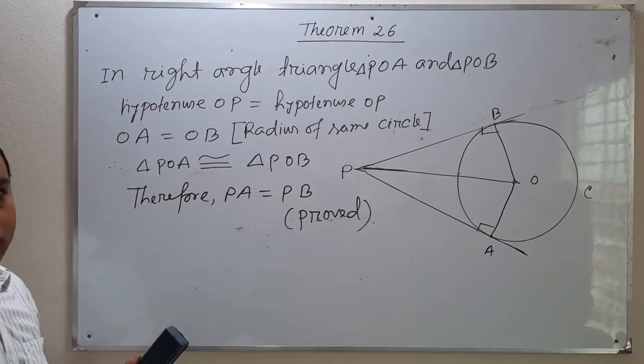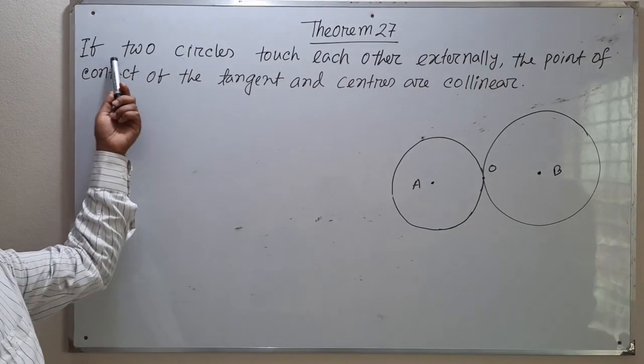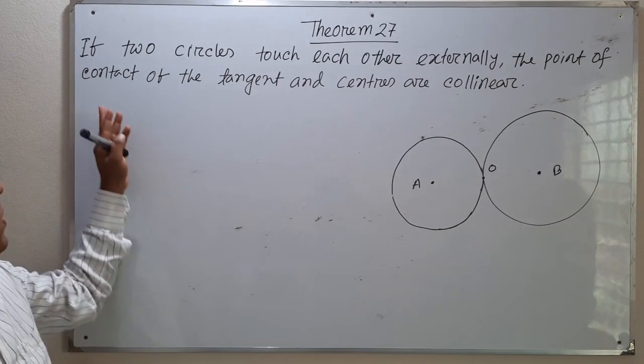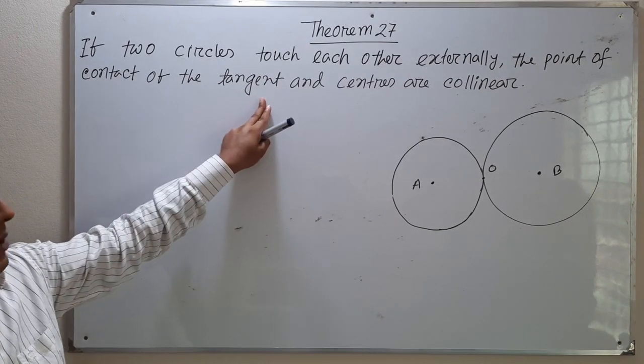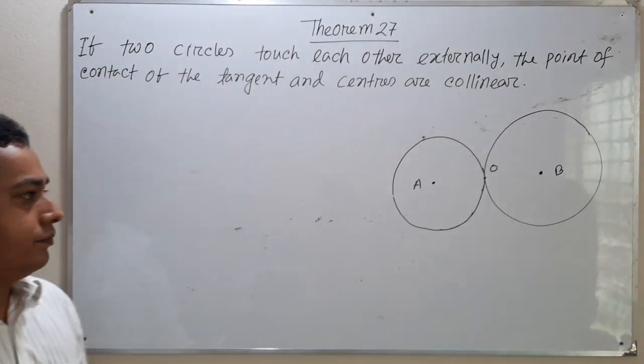Okay. Now theorem number 27. Theorem 27: If two circles touch each other externally, the point of contact of a tangent and the centers are collinear.